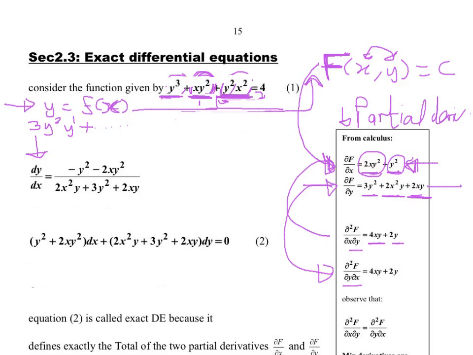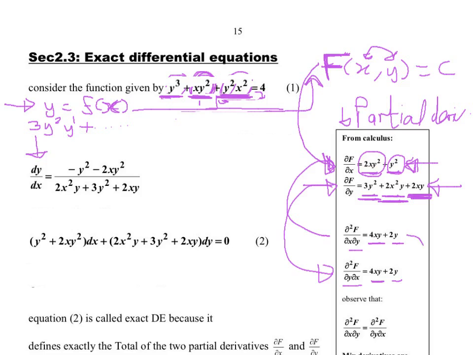And if you differentiate this again with respect to x, this is going to be 0 because there is no x, and this will be 2y is constant, so the derivative of x squared is 2x, so it will be 4xy, and the derivative of this with respect to x is 2y.